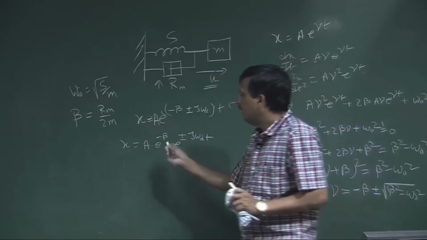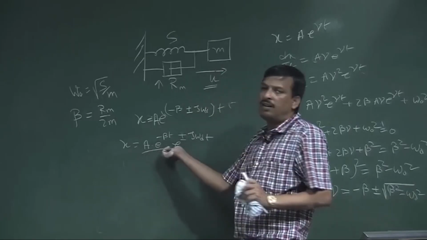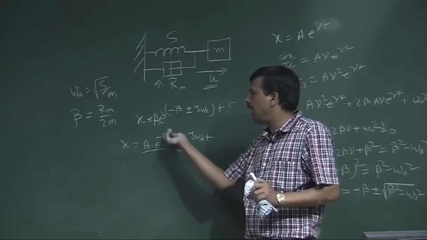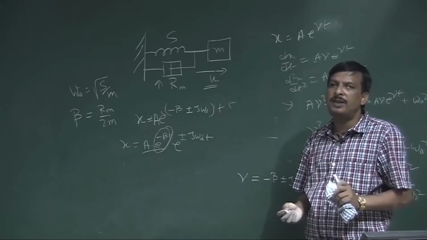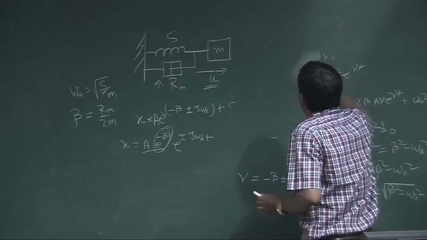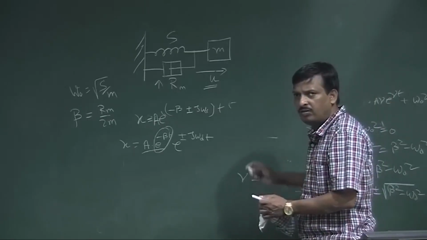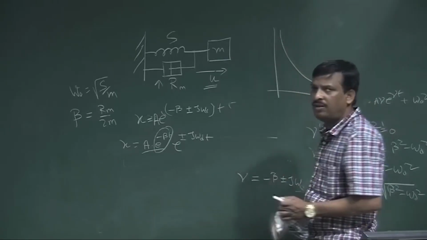See that the amplitude part is multiplied by a negative exponential term, e to the power minus beta t. So, what is the meaning? What does the negative exponential term do? It will gradually decay down. The curve of e to the power minus a is nothing but this one.